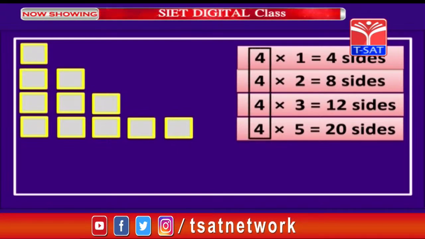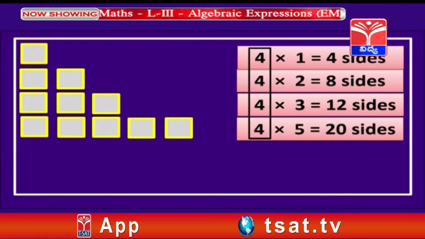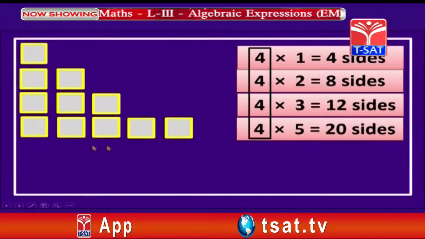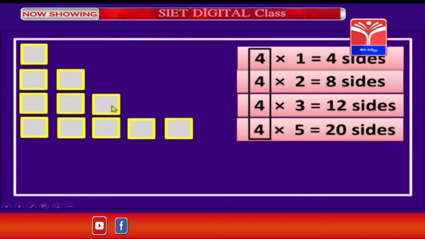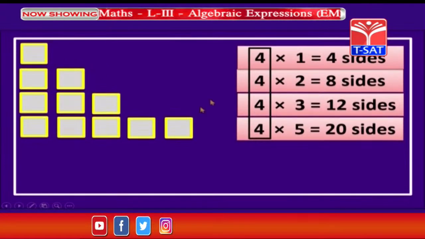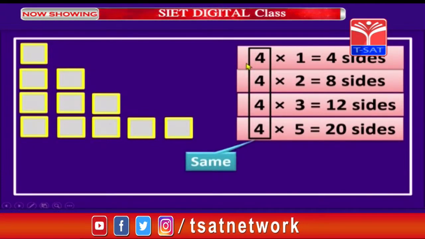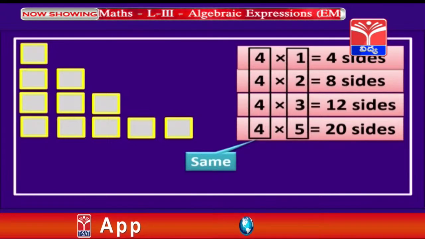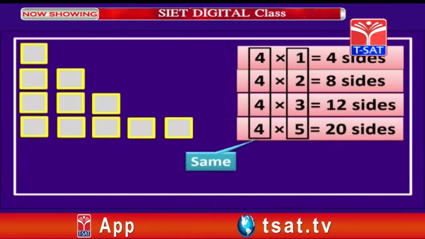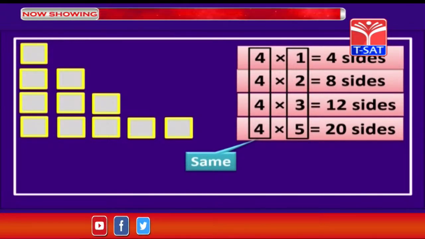Yes, if you notice here, this 4 is constant throughout all these images, isn't it children? So whether it is 1 square or 2 square or 3, 5, whatever it is, here this 4 remains the same, or I can say it is constant. Got it children? Now whereas if you notice the other part, that is 1, 2, 3, 5, etc. Now this, what is happening to this?